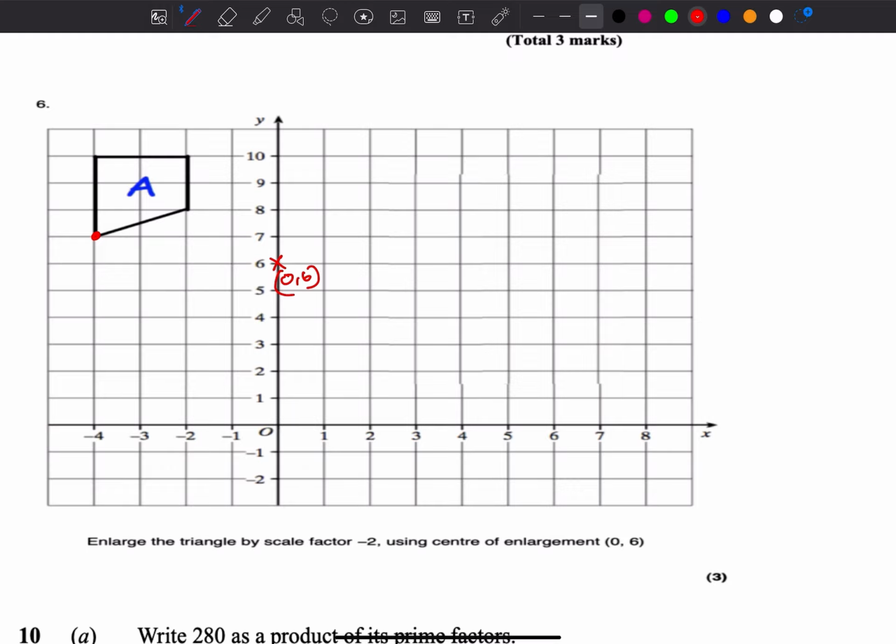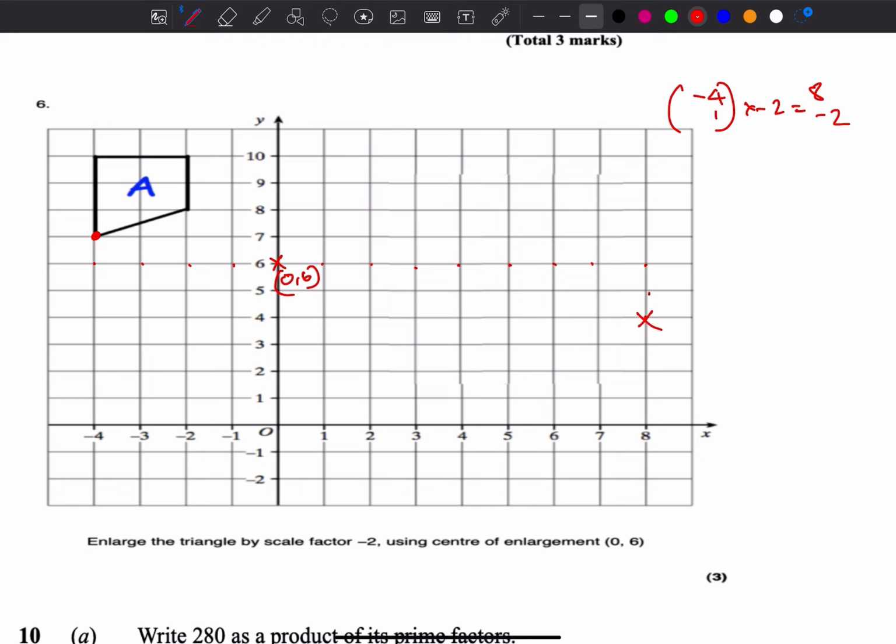Sorry, you start with the center, don't you? From the center, 1, 2, 3, 4 left, 1 up. Minus 4, 1 times it by minus 2, which is 8 and minus 2. So you go 8 right and 2 down, which is here.